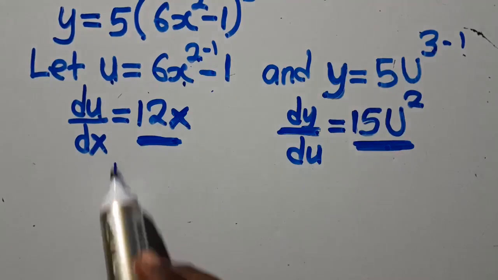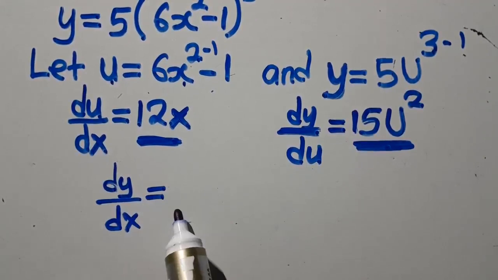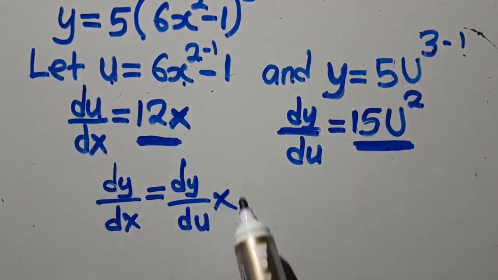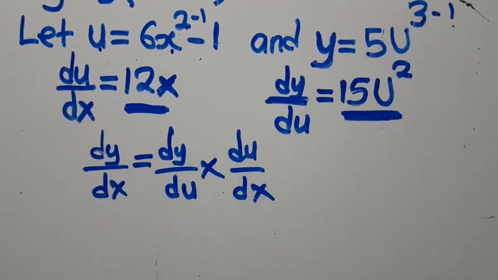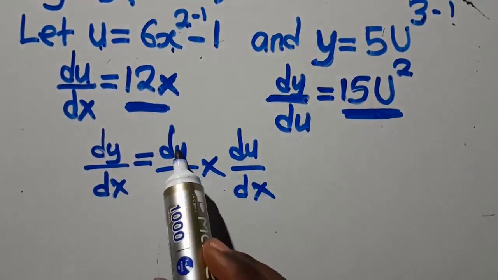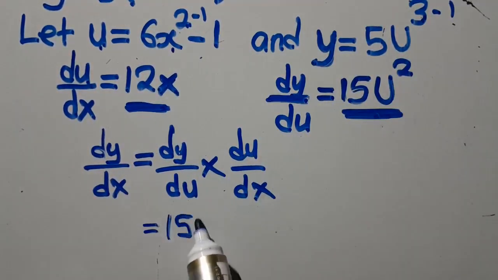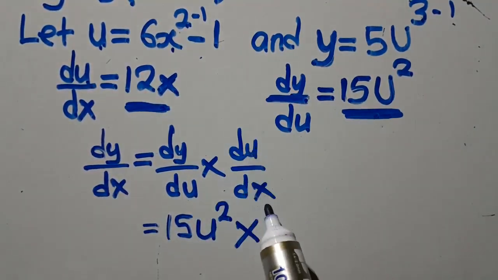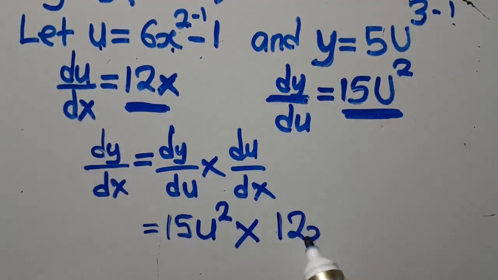The formula, let me write it so that we just follow: dy/dx is equal to dy/du times du/dx, like this. This is what you are supposed to do. So you substitute now. dy/du, this is the answer, which is equal to 15u squared times du/dx, that is 12x.